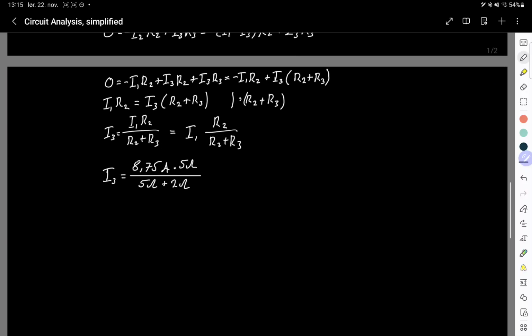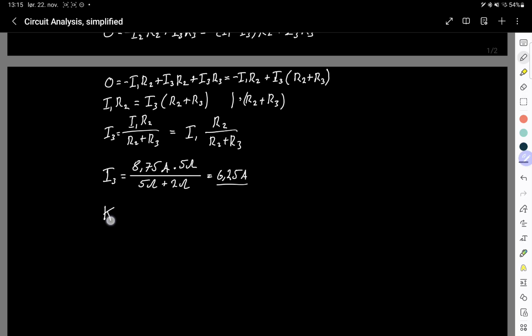It was 2. Let's solve that. So that will equal 6.25 amperes. So that means that 6.25 amperes out of the total 11 point something is running through branch number 3.